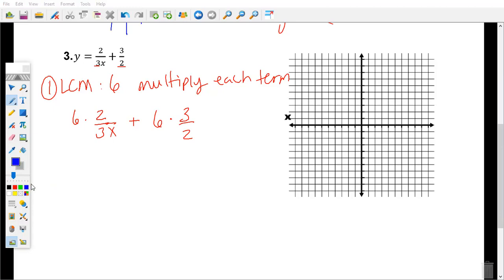When you're multiplying a fraction times a whole number, you're only multiplying the whole number to the numerator. Does that ring any bells in your mathematical history? We're trying to get rid of the denominator.